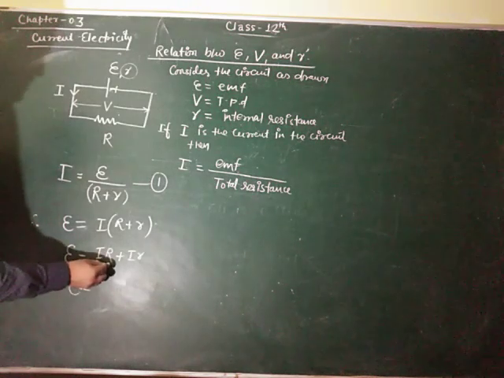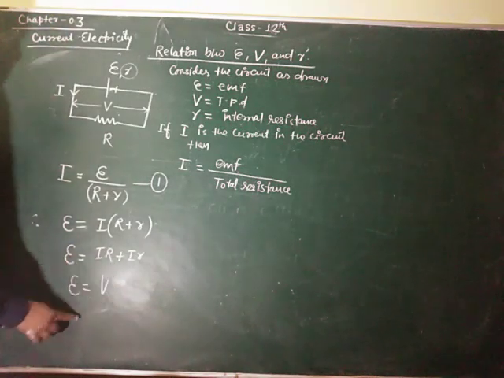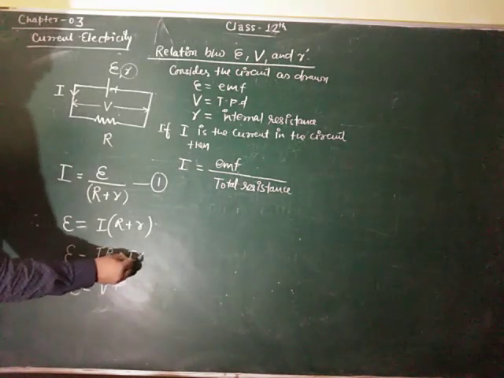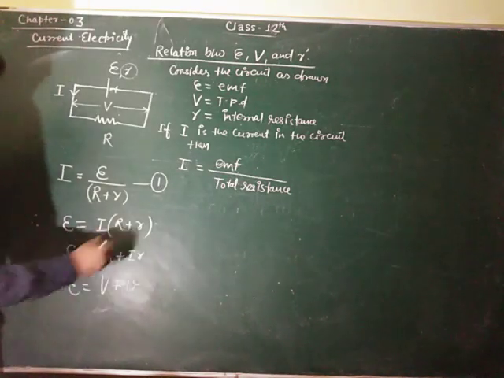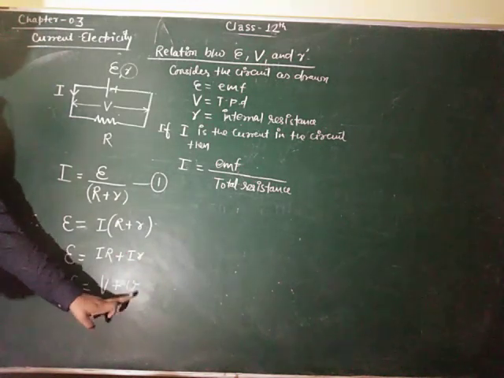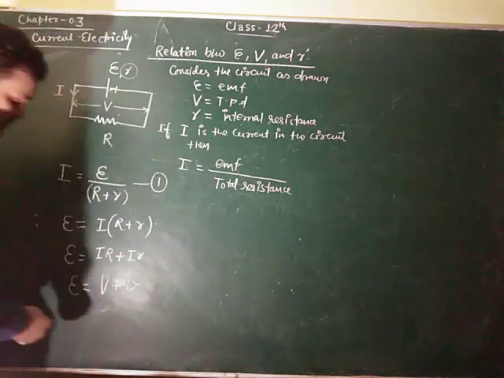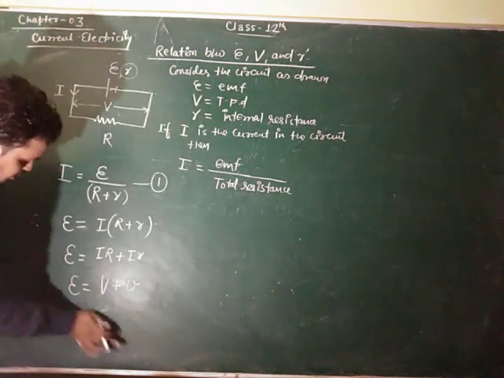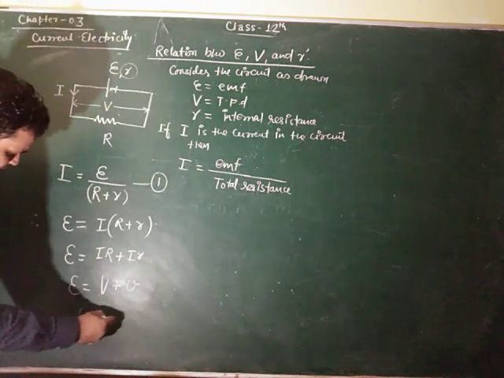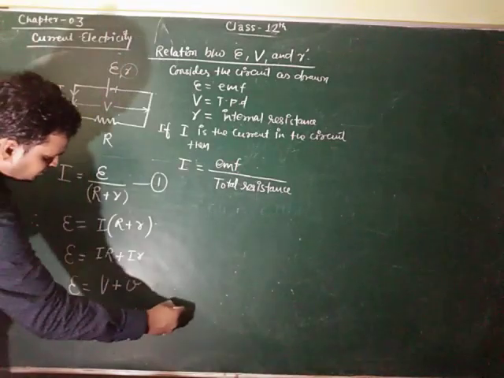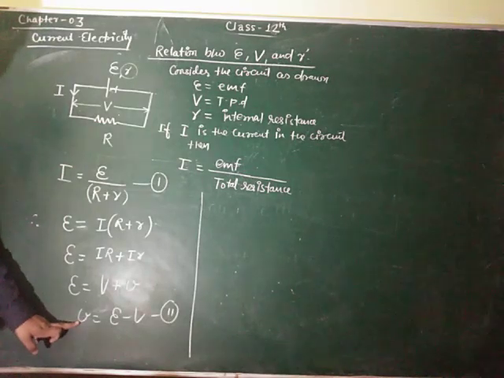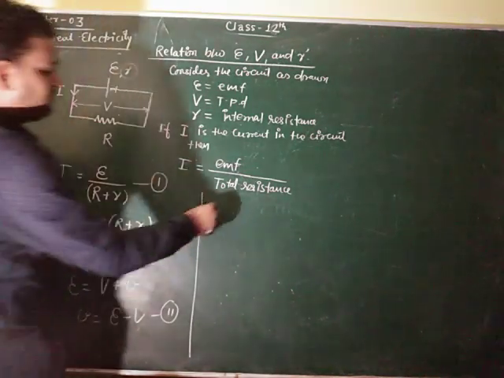This is the external circuit voltage, which will be the terminal potential difference V, and this Ir is the potential drop in the cell. So V can be written as E minus Ir. Equation number 2: V is equal to E minus Ir.